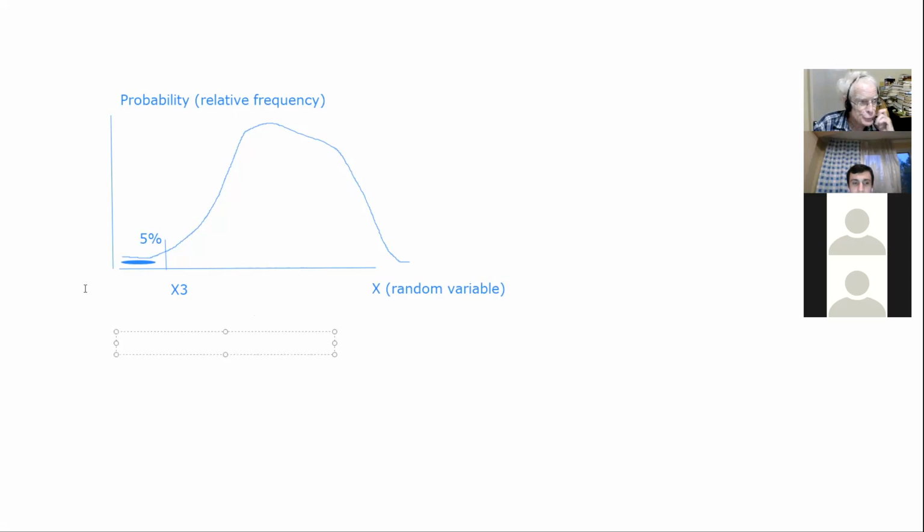So in this case, there is a 95% chance that x as a random variable is larger than x3.